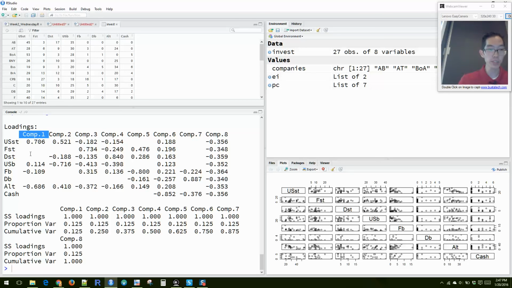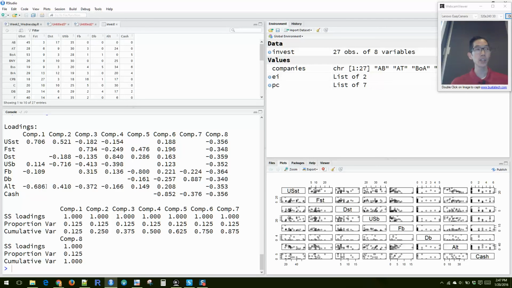Basically, this goes from -1 to +1, and so what this says is that the U.S. stocks, our first column, plays a very important role in the first component, and the alternative investments also plays an important role, but in the opposite direction.